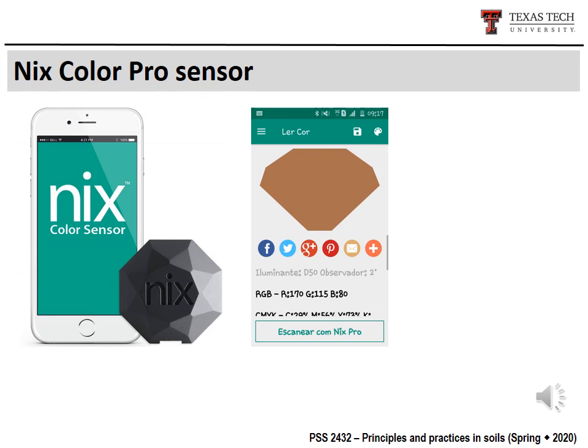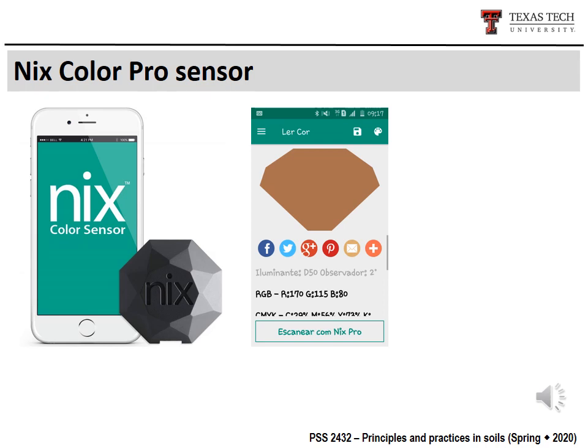Recently, the Nix Color Pro sensor was launched in the market, as you can see here on the left side. It's like a diamond, and you can measure easily and automatically the color of many kinds of solid surface.